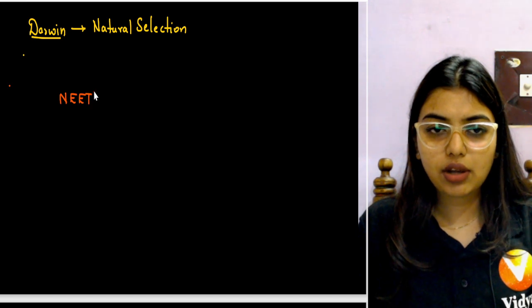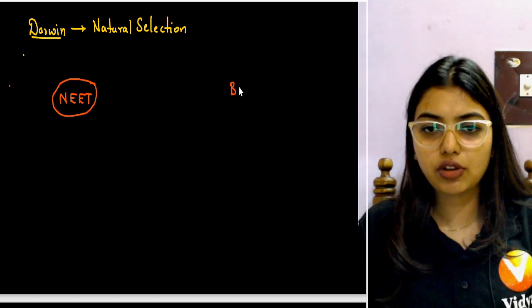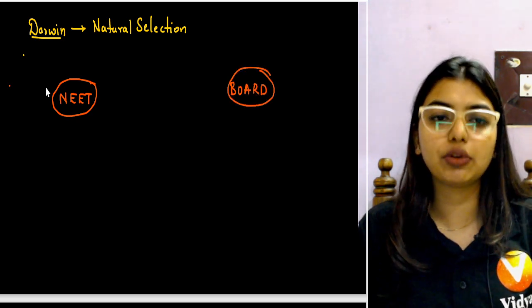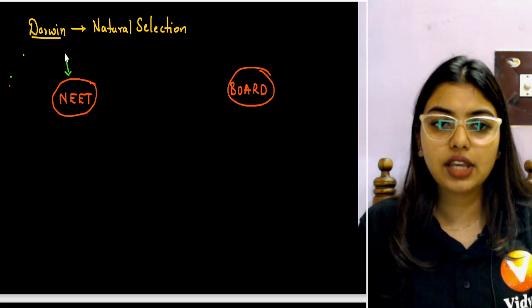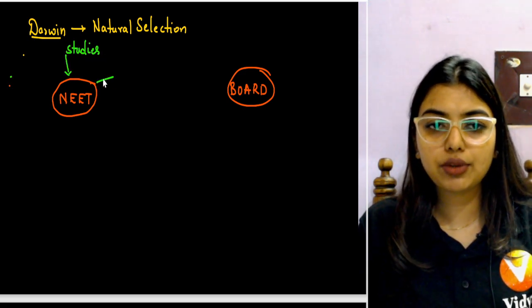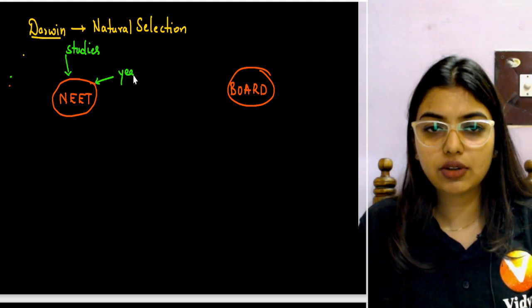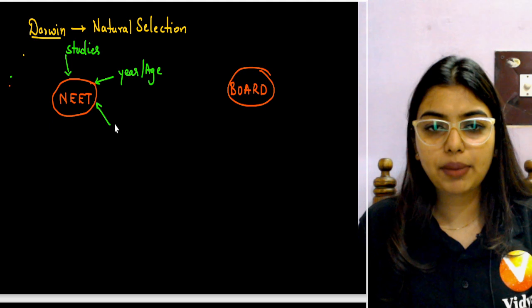I don't know how many of you will be able to connect to NEET, so let's also take boards. All of you would have written one board at least in your life, no? 10th board, 11th board, 12th board, NEET. Now you have different types of things. You have study pressure, most important pressure. If you're a dropper, you have the problem of your years, your age. You have pressure from your parents.